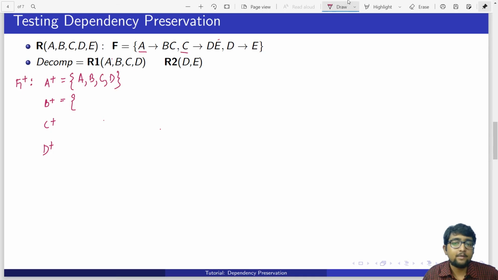So B does not determine anything, so it should be B only. Accordingly C should be C and D, obviously, correct? Because here you can see that C is determining D and D again only D.